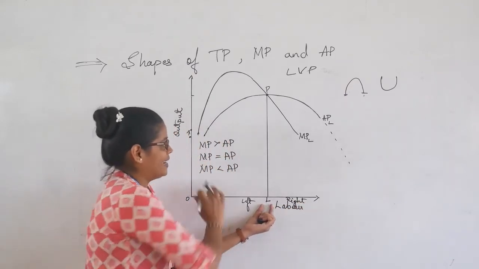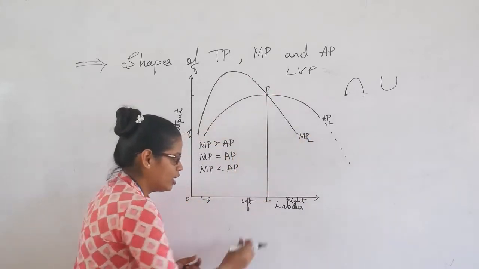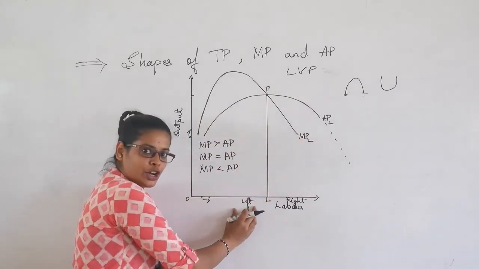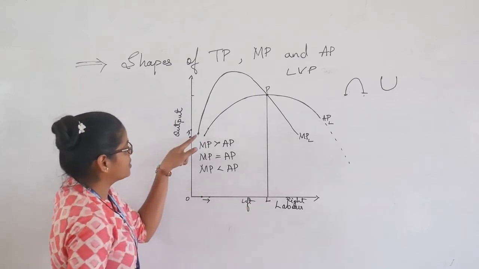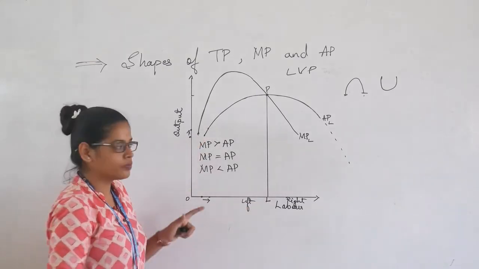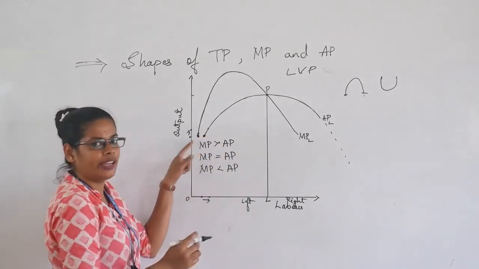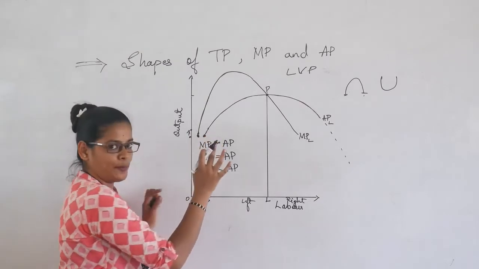When you are analyzing this graph, you can say that to the left of L, you can see that MP is larger than the AP. Okay. These two are the points wherein both have started at the same point.